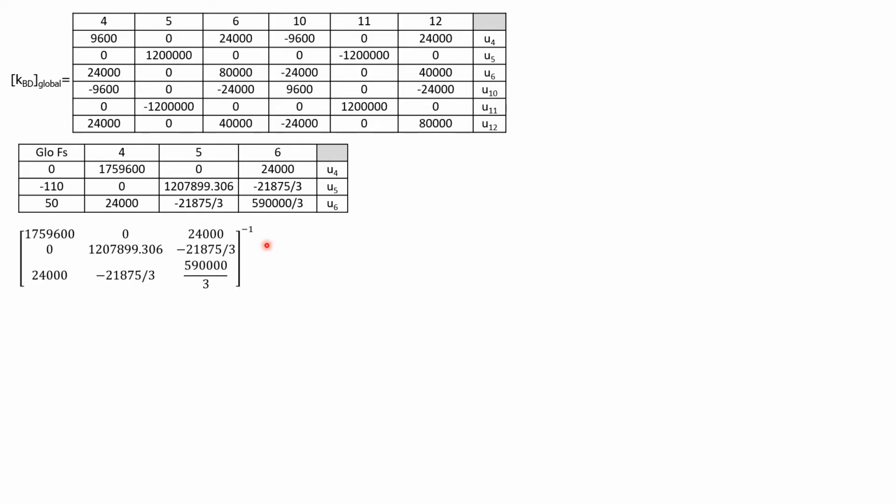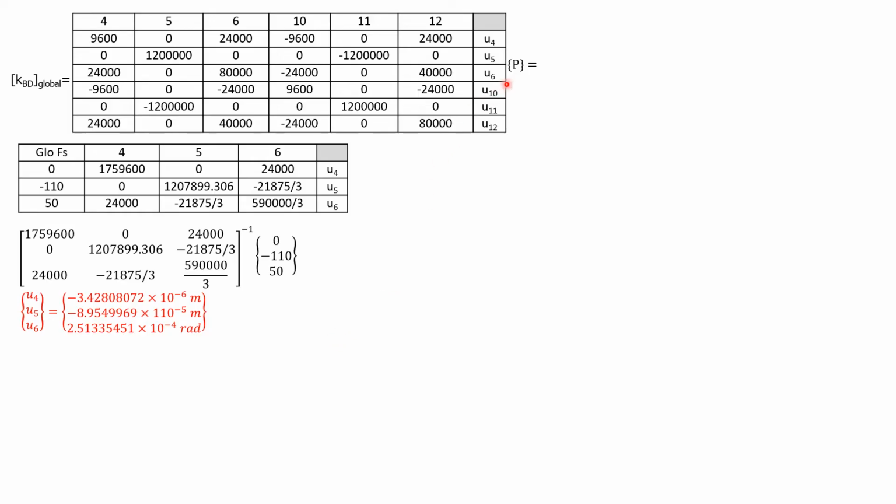There are 3 degrees of freedom only, multiplied by the global forces, and that is equal to U4, U5, U6. So these are the displacements in meter, horizontally, vertically, then rotation in radians. So if positive, it is counterclockwise rotation.